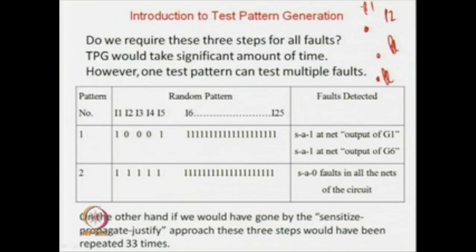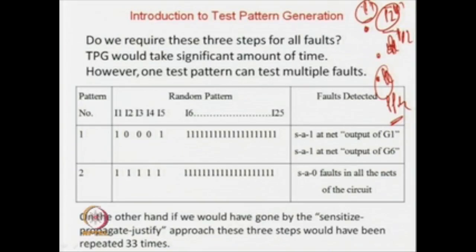What I was saying is that you have fault F1, then fault F2, then fault FL. For fault 1 you are generating pattern 1, for fault 2 you are generating pattern 2, and for fault K you are generating pattern K. But now you find that the pattern for fault 1 is equal to the pattern for the nth fault.